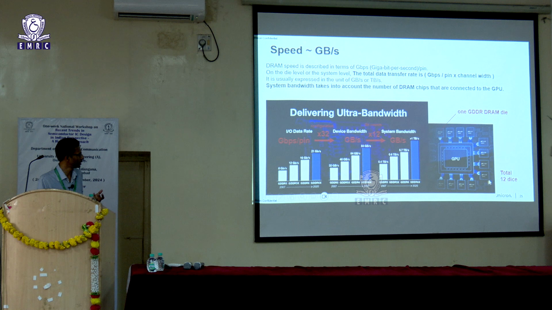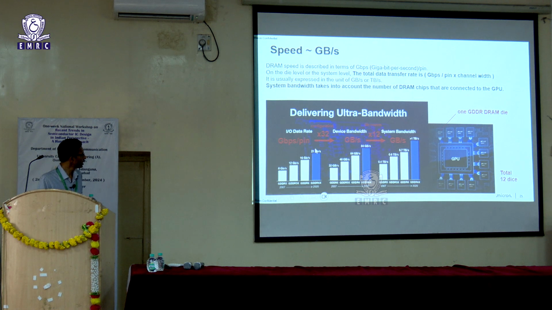We have 12 such dice here. If you look at the pin level bandwidth improvement, we started off with 8 gigabit per second, where the small b is a bit, going all the way to 21 gigabit per second with the GDDR6X. Each number here denotes a technology: 5, 5X, 6, 6X are the different technology enhancements that we have done over time.